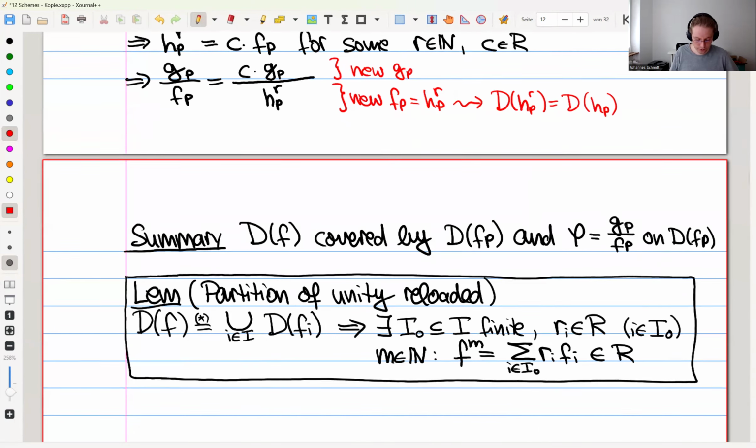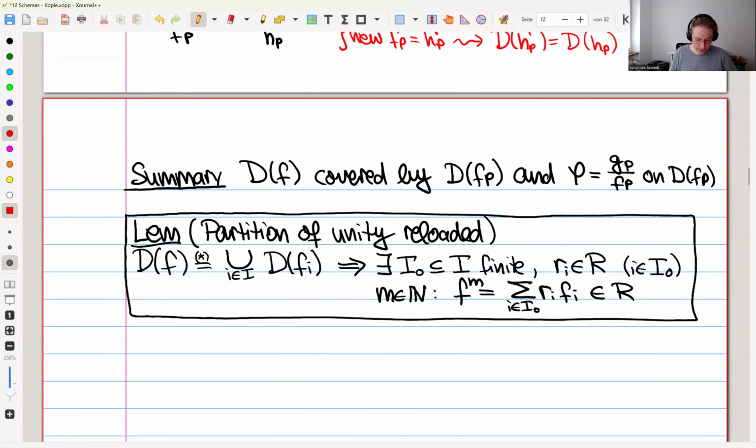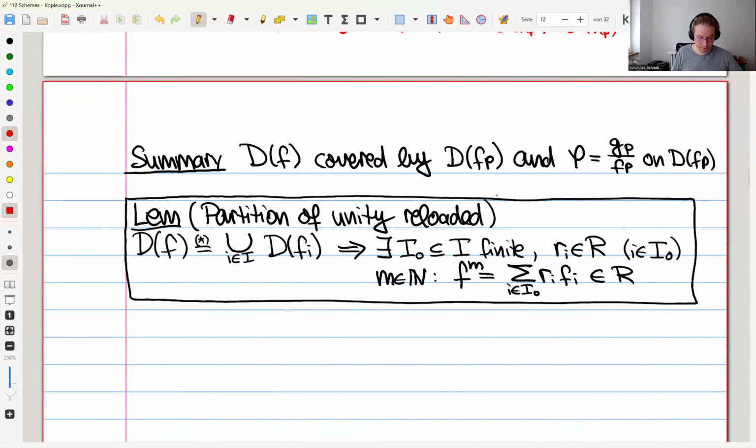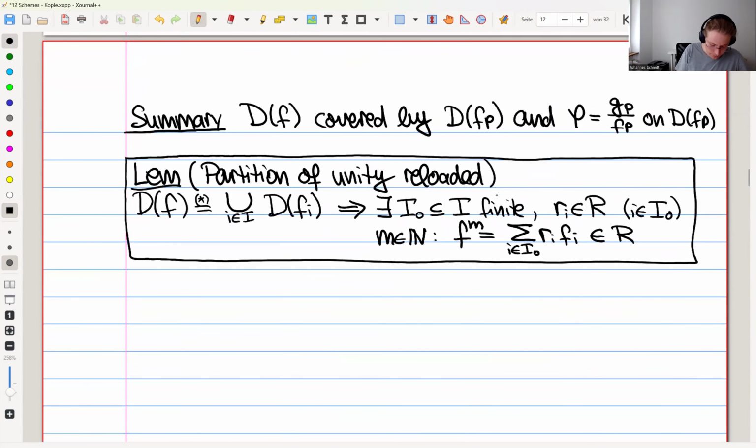That's the reason why we proved it, because remember this said that if some DF is covered by DFi, then we find a finite subset and these coefficients such that we can write F to the M as some linear combination like this. And this is exactly the situation that we have. The DF is now covered by these DFP. And so from the lemma, it follows that we can write F to the power M as some linear combination of RP times FP, where this now becomes a finite sum.